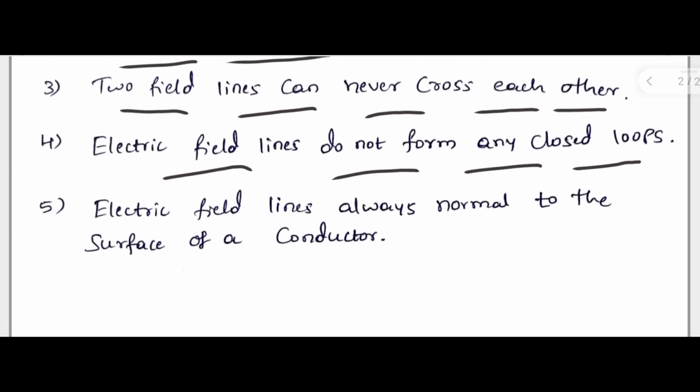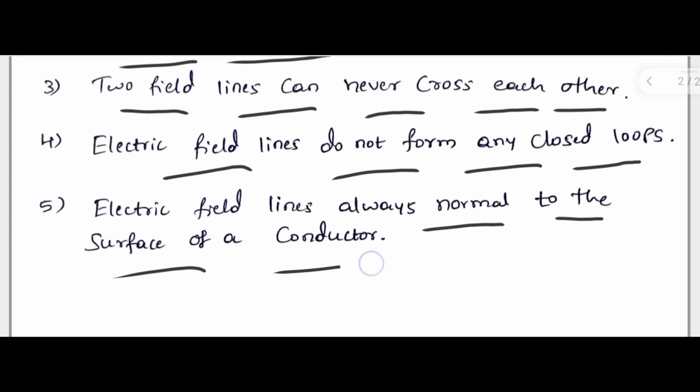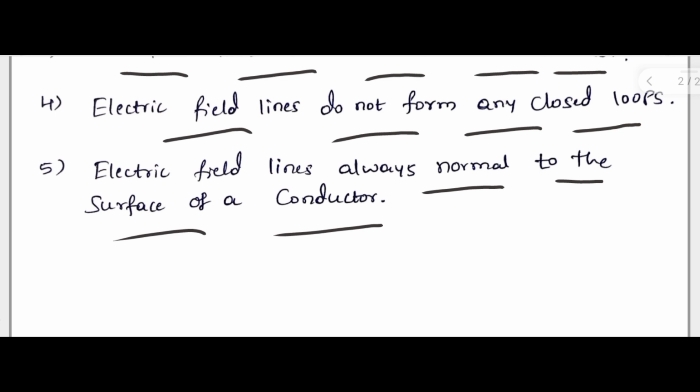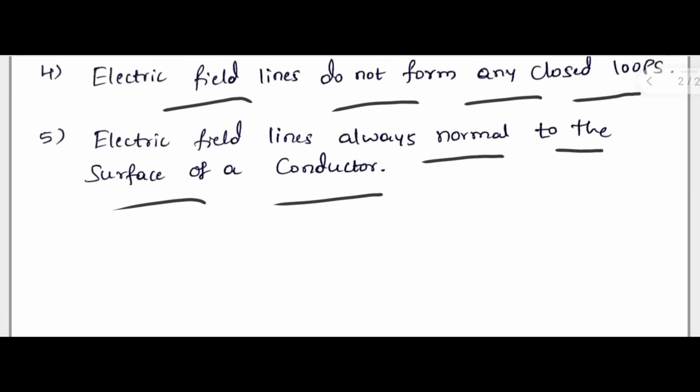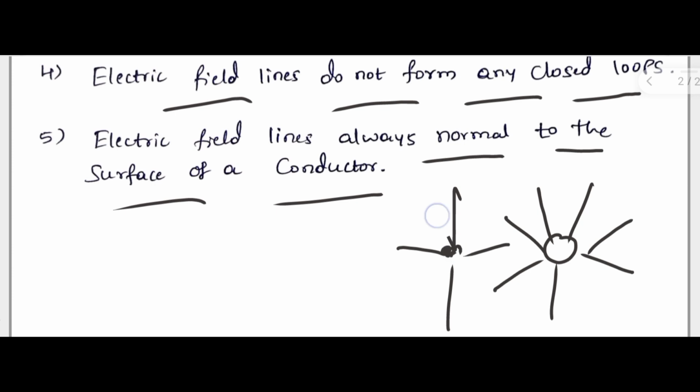Next: electric field lines are always normal to the surface of a conductor. What is meant by the surface of a conductor? This is the surface of a conductor, or you may take it like this. Here you may draw a number of lines. Each line has a normal direction.